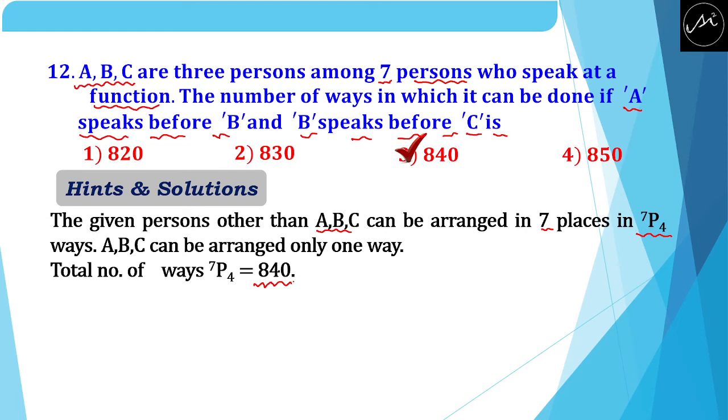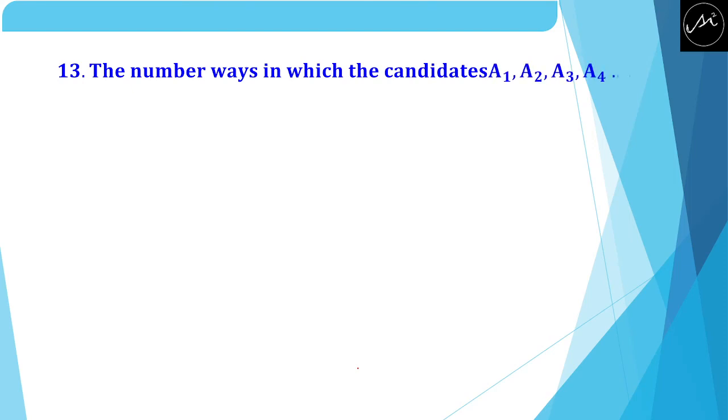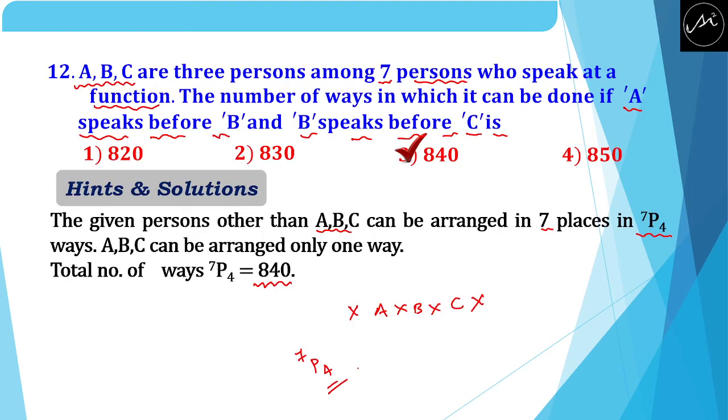The number of ways in which it can be done if A speaks before B and B speaks before C. Total now you have the 4 places, so you can just take 7p4 ways. Therefore 840 is the right answer.